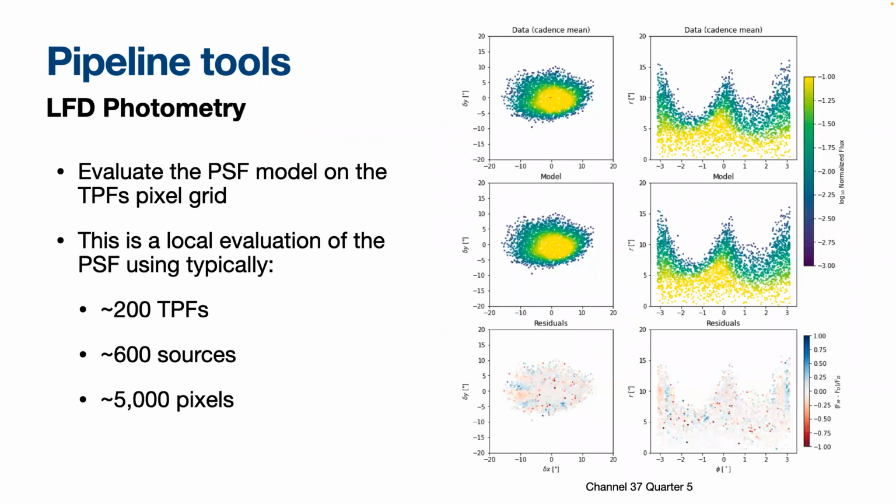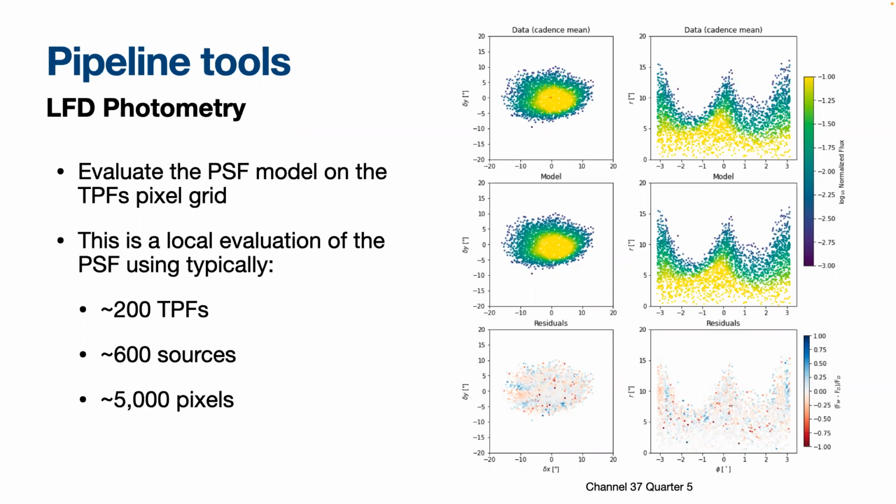We evaluate that PSF in the grid of pixel data from the TPFs. This figure is showing similar stuff to what we saw in the two slides before, but now evaluating that very smooth, dense model in the data coming from the TPFs, from 200 TPFs.